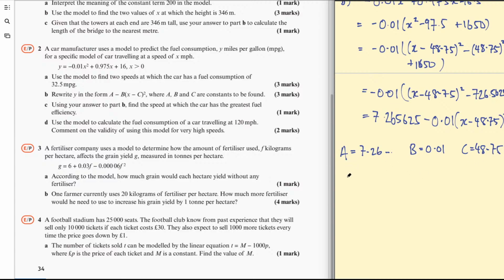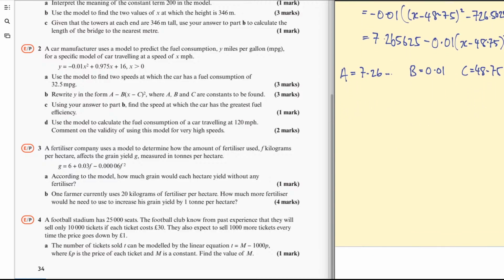All right. Part B says, sorry, that was part B. Part C says, using your answer to part B, find the speed at which the car has the greatest fuel efficiency.